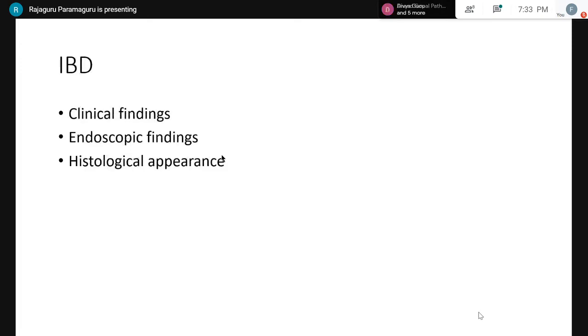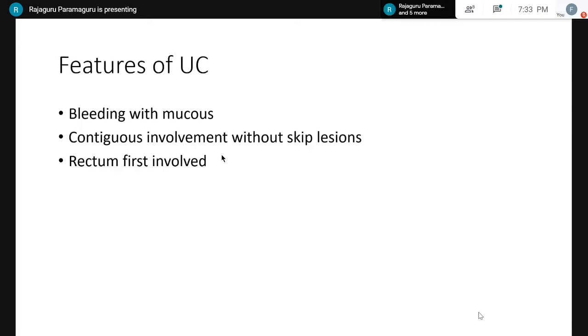In IBD, as I told, clinical findings, endoscopic findings, and histological appearance all together make the diagnosis. It is not only about the histological findings alone. The features of UC, that is ulcerative colitis: clinically they present with blood and mucus, and there is continuous involvement without skip lesions. Very rarely, on certain occasions, there can be skip lesions.